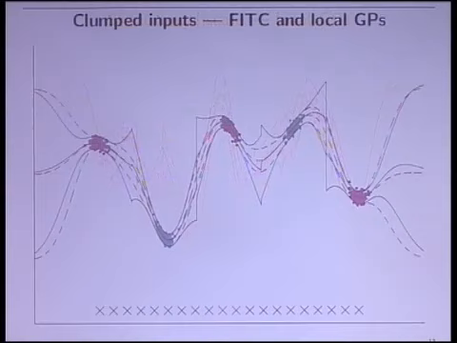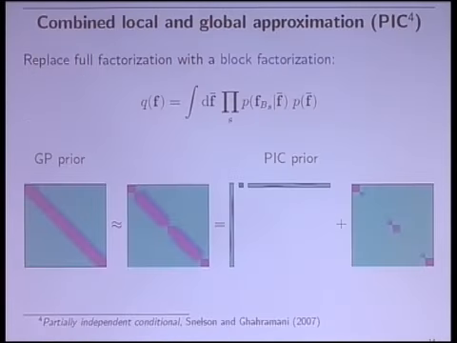If we replace that with not a complete factorization, but a block factorization, a local block factorization, then the correction is a block diagonal correction. And we get a little bit closer to the original GP prior. And in fact, this approximation is now exact on the blocks.